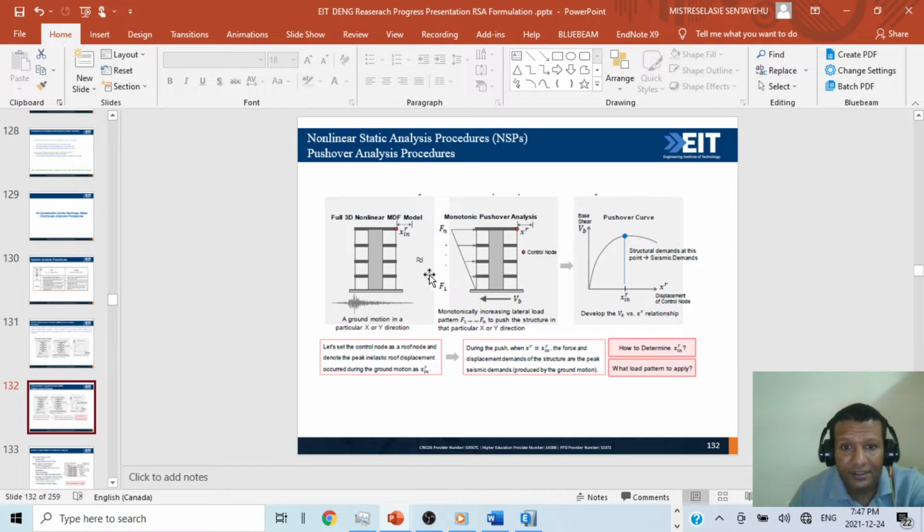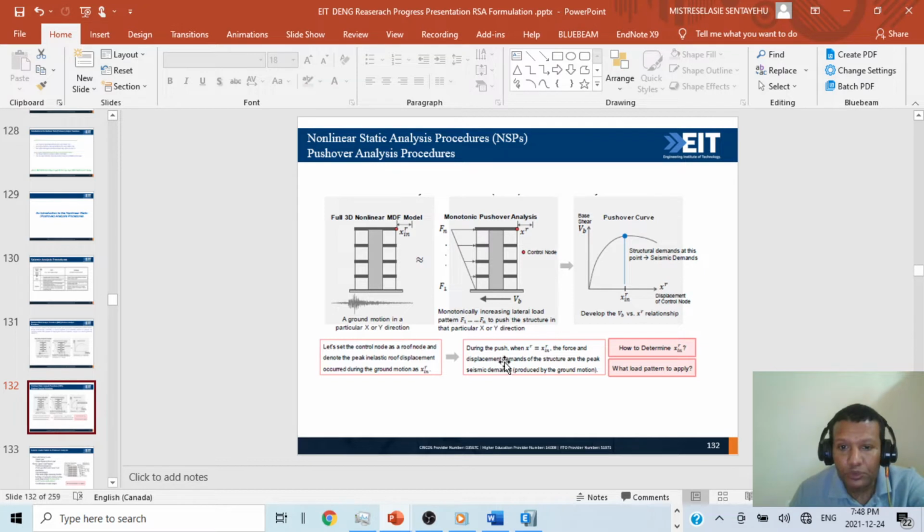But instead of doing that, this is equivalent to what I discussed: we have the control node here, we push it progressively, we construct the pushover curve, and then we get the structural demands at this point, the seismic demand. If we know this point, XR inelastic, then we can directly take it, get our base shear, and design our building from pushover analysis, if we know the maximum target displacement.